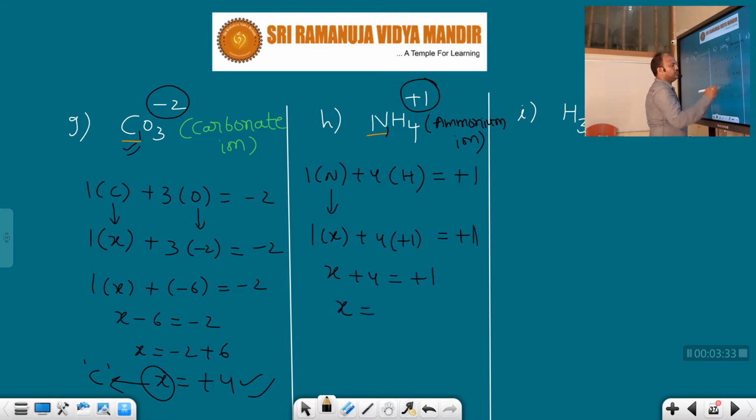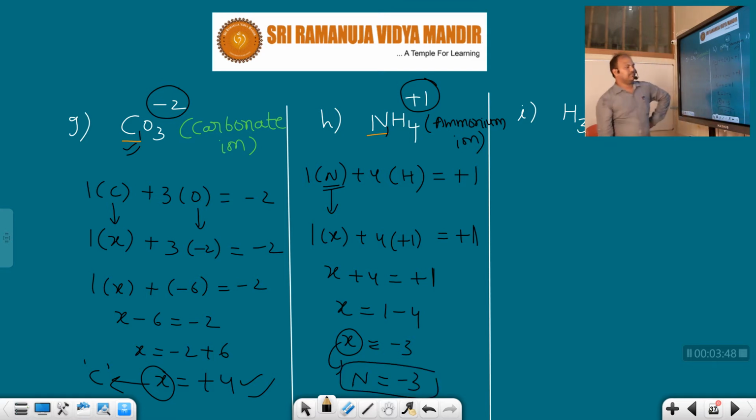X is equal to 1 minus 4. X is equal to -3. X is nothing but nitrogen. So the oxidation number of nitrogen in ammonium ion is -3. Students, I hope that you are very clear here.